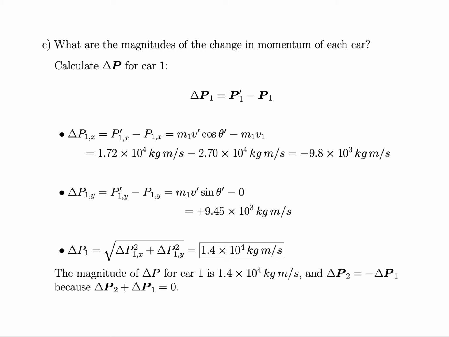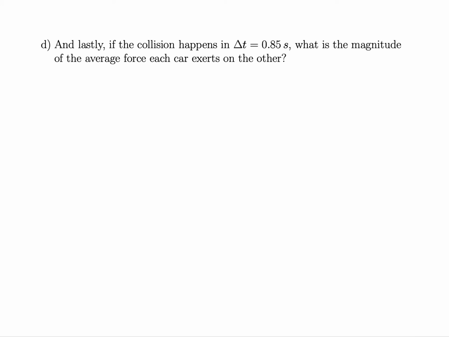So the reason why these two cars have equal and opposite changes in momentum is because the forces the cars exert on each other during the collision are also equal and opposite. And that's why we want to calculate the change in momentum of one of the cars in the first place. It's because we can use the impulse-momentum theorem to get at what force is required to cause that change in momentum. So that's the last question.